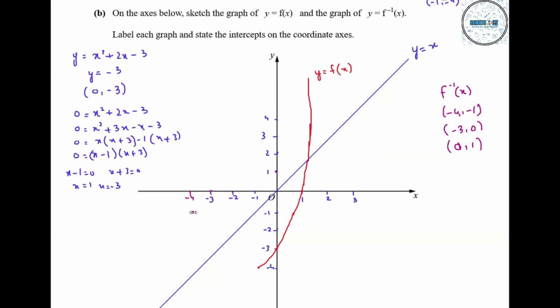So we will sketch a curve now. The graph of f inverse of x is the mirror image of the graph of f of x.